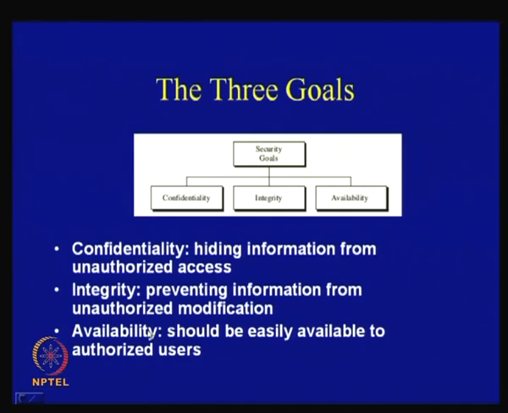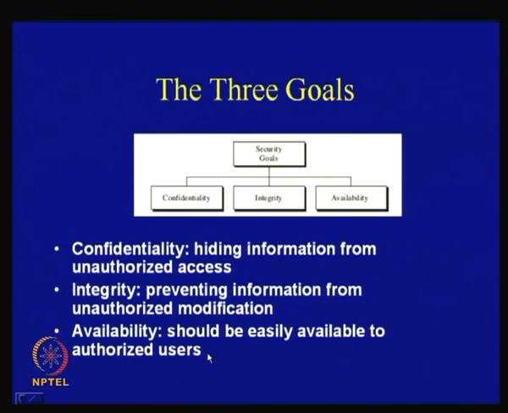And the other important thing is availability. While taking measures to achieve the goals of confidentiality and integrity, we should not make the network or the communication so clumsy that the information is not accessible to the authorized user. Not being easily available means that it may become very slow.